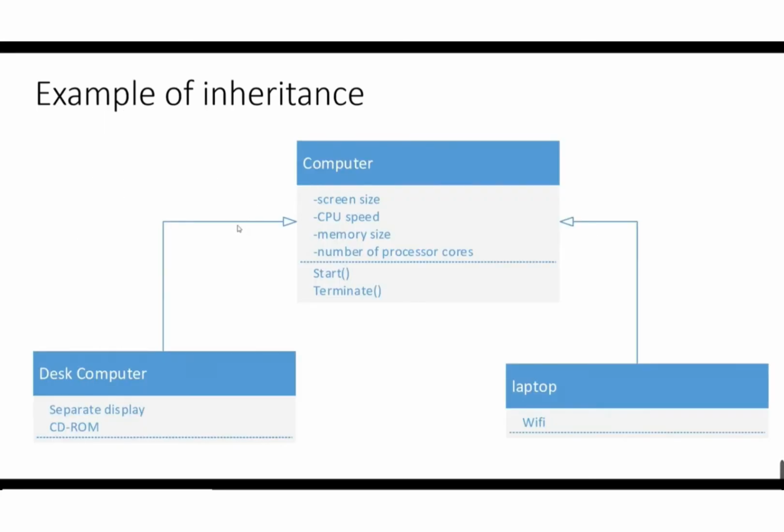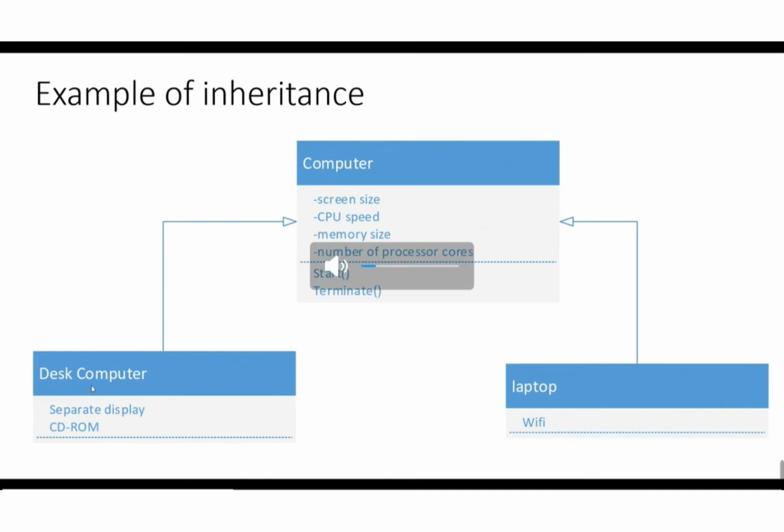For example, for a computer, there is a desk computer and a laptop, and the computer is a superclass, and it has some important attributes. For example, screen size, CPU speed, memory size, number of processor cores, and it has the operations start and terminate. The desktop desk computer is a subclass of the computer.